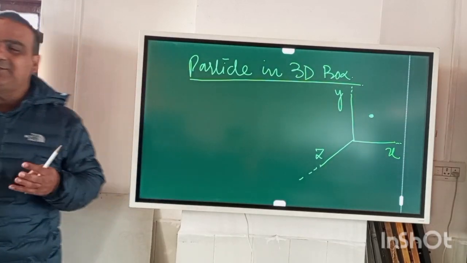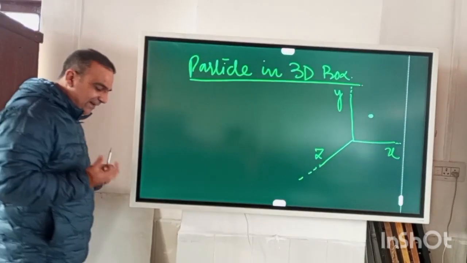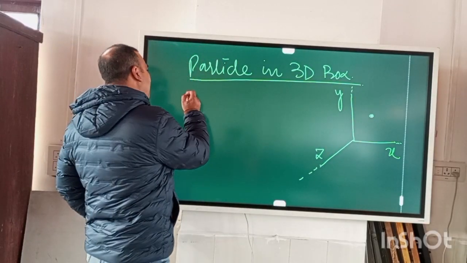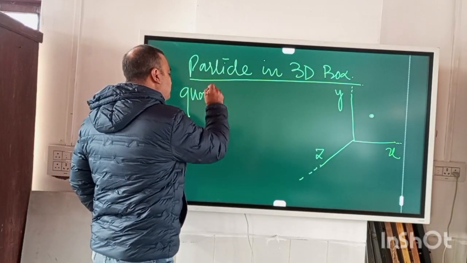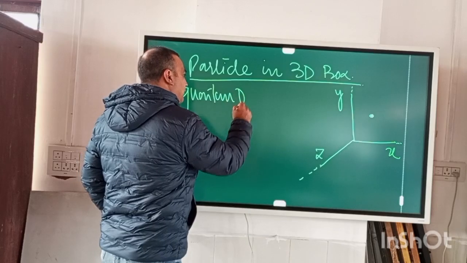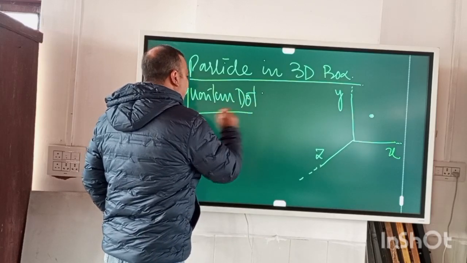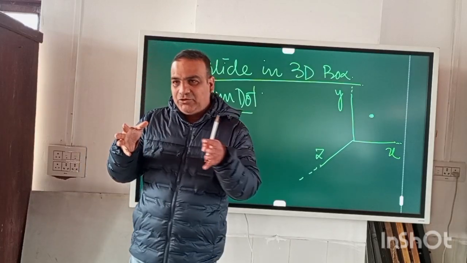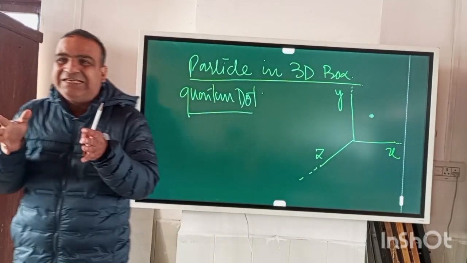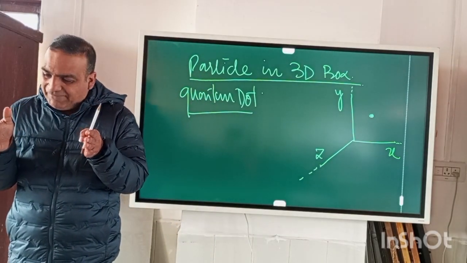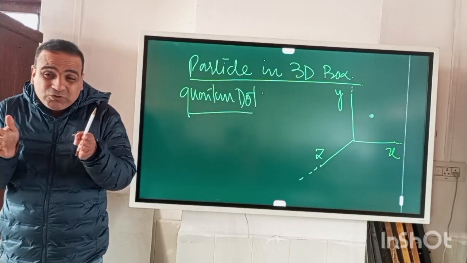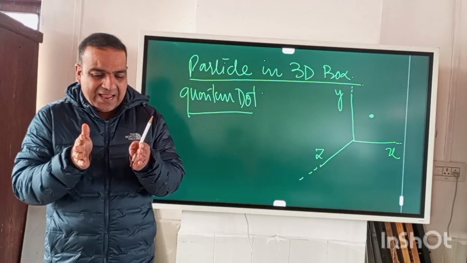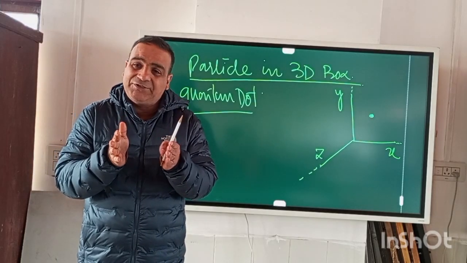There is another important thing in modern science, what we call a quantum dot. And what is this quantum dot? You can treat materials at very, very low scales, at nanoscales, as quantum dots.